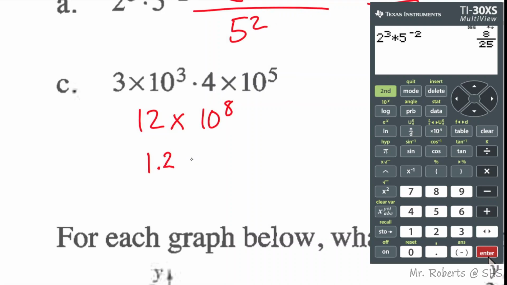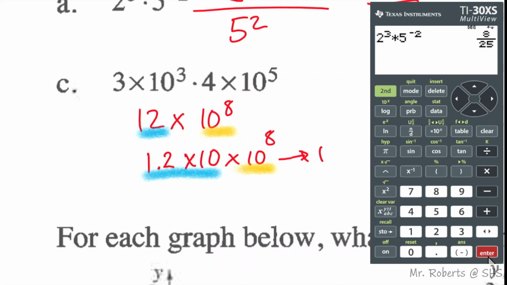If I multiply 1.2 times 10, what I have now is exactly the number 12. But I had this other times 10 to the 8th power, so I have to bring that down. So it's 1.2 times 10 to the 1st times 10 to the 8th, which is going to be 1.2 times 10 to the 9th power.